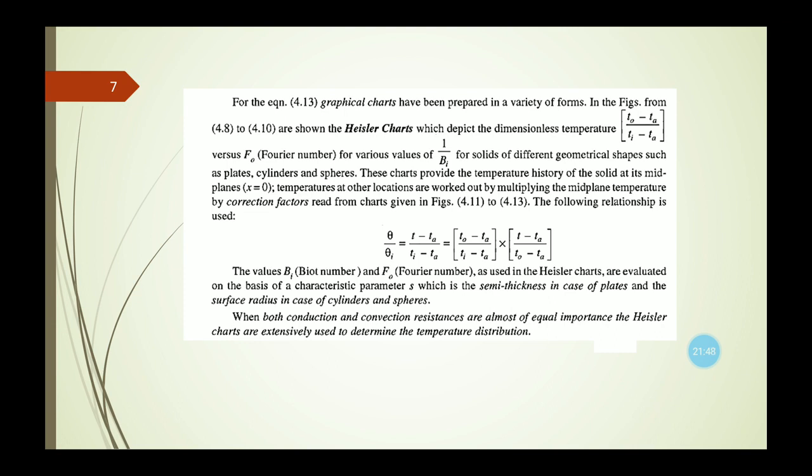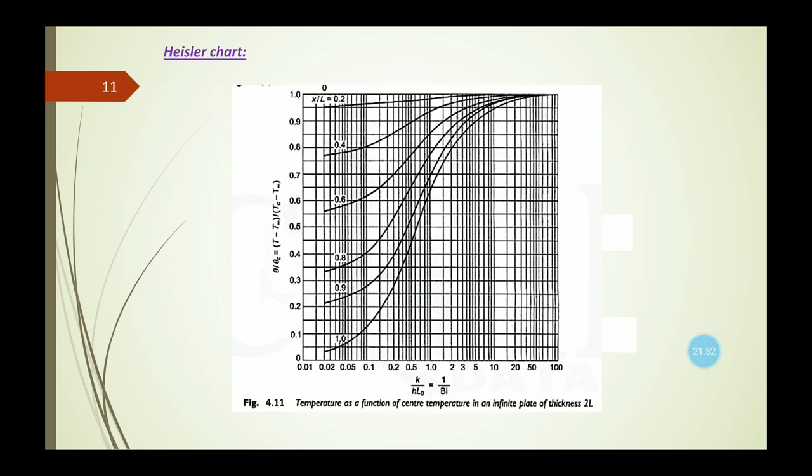Okay, first let us go to those charts. This is the chart when the temperature is a function of center temperature in an infinite plane wall of thickness twice L. This chart can be used when x is not equal to 0, and the values of x by L are given from 0.2 to 1.